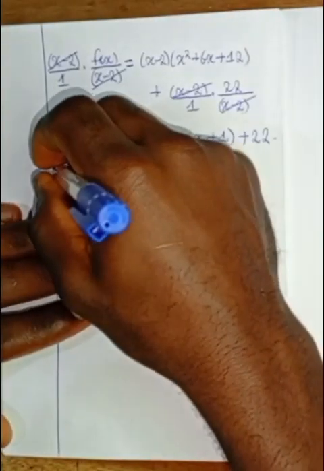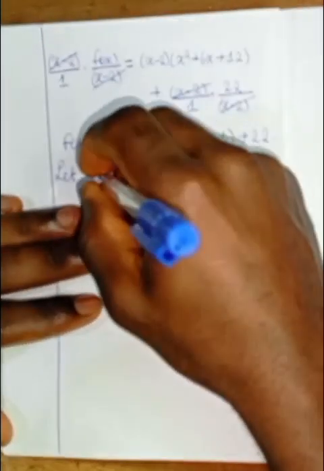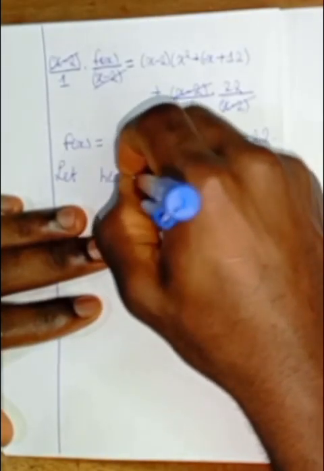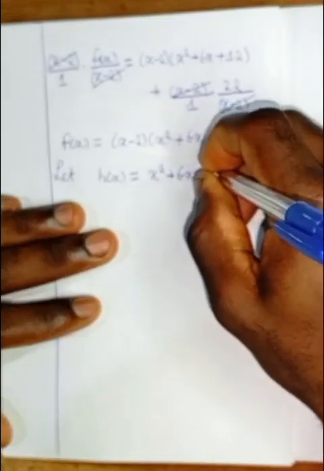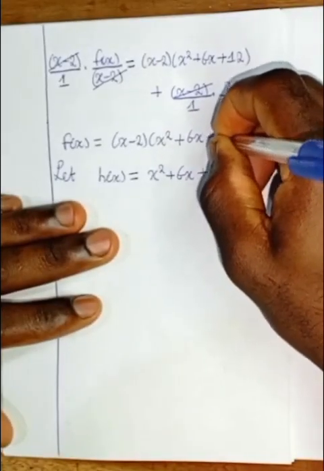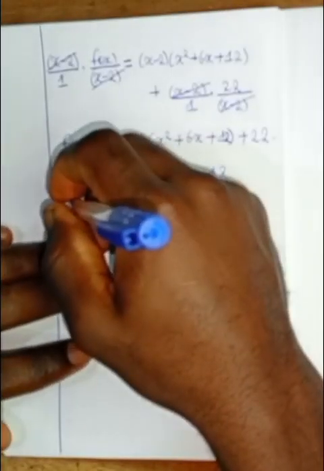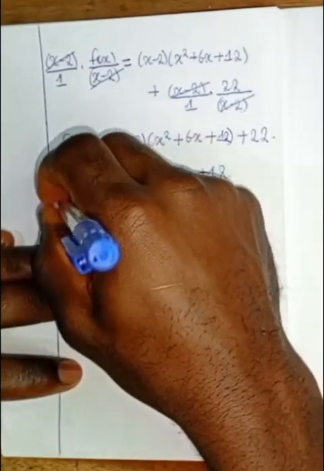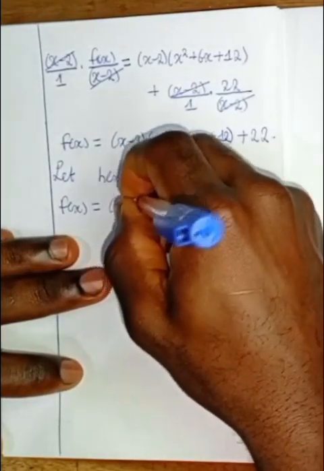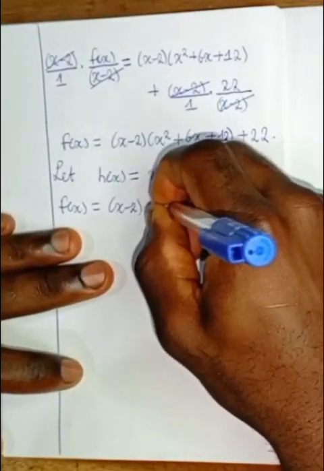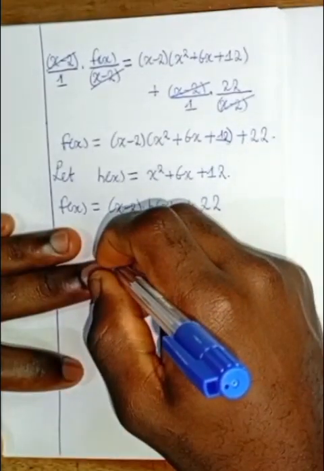At this stage, we are going to let the quotient, h of x, be equal to x squared plus 6x plus 12. This will simply give us f of x equal to x minus 2 times h of x plus 22.